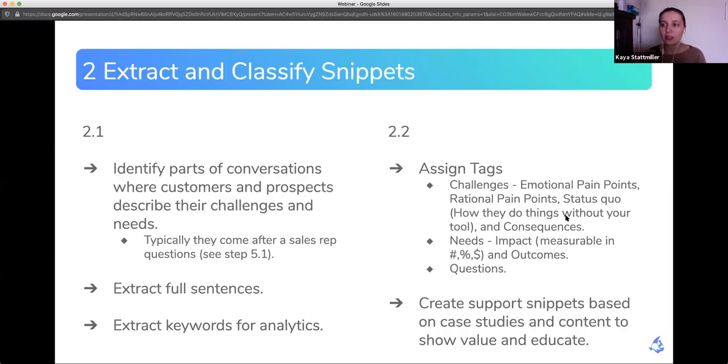So when you are putting an email together, you have: this is the buyer language, this is how I can add value, this is how I can show my insights, this is the formula, and this is how I connect everything together. So in terms of creating supporting snippets, it's not actually creating them from scratch. You just take what you have, customer stories and content, and extract the things that are relevant to the tags or the phrases that you identified. So that's step number two.